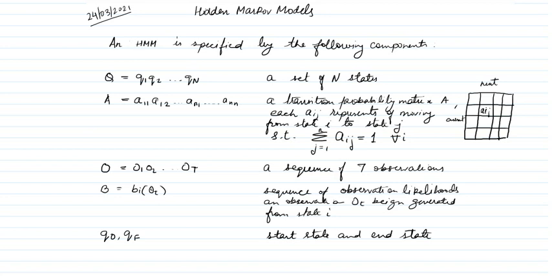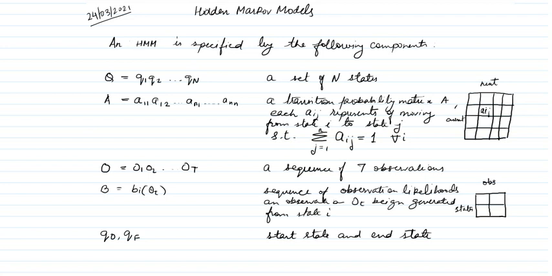Similarly, we have emission probabilities. So these are the states and these are the observations. So this is represented by again a function, but we can also represent it with the help of a matrix.